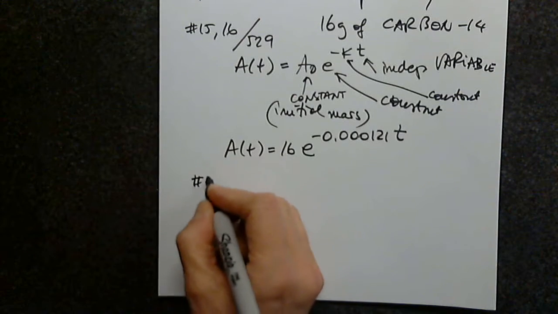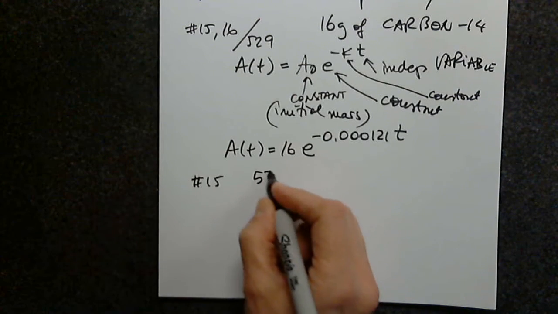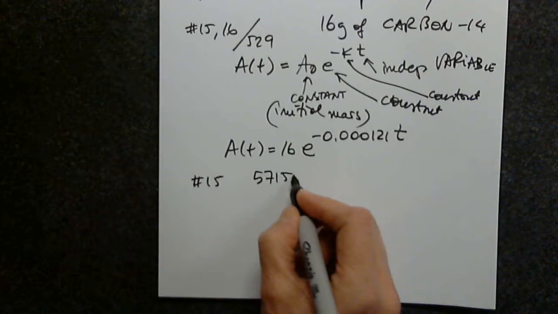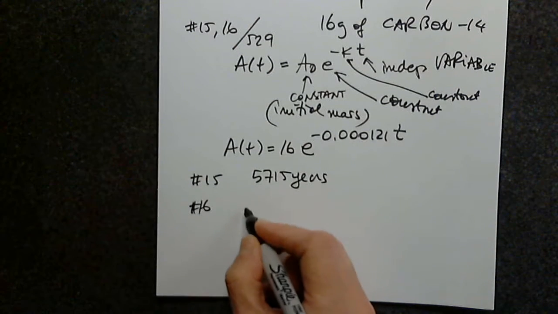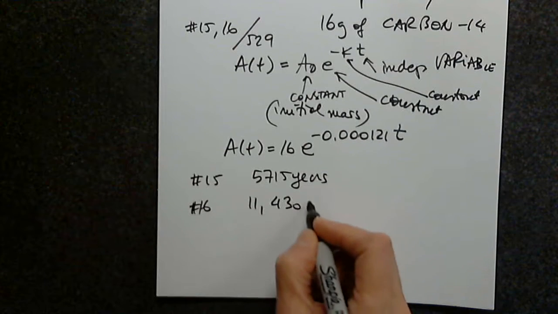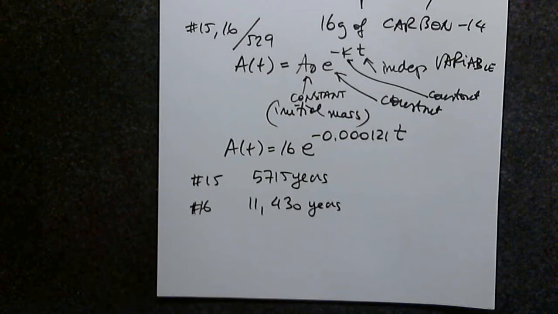Problem 15 asks after 5,715 years, and number 16, after 11,430 years. So what am I really asked to do? I'm asked to find the amount of carbon-14 after 5,715 years and respectively 11,430 years.